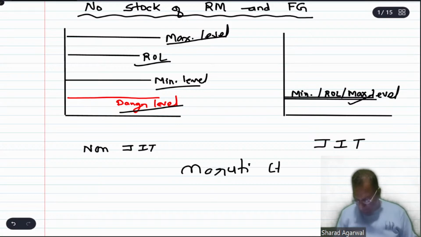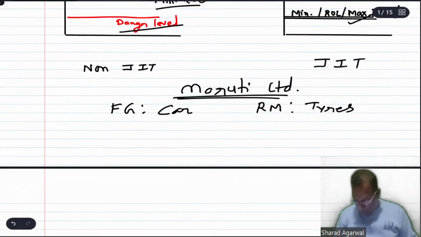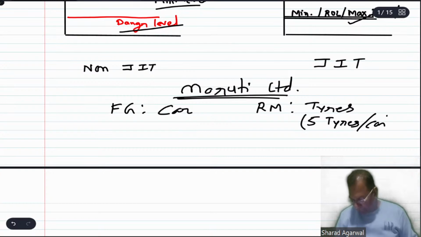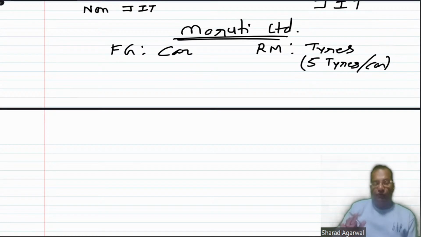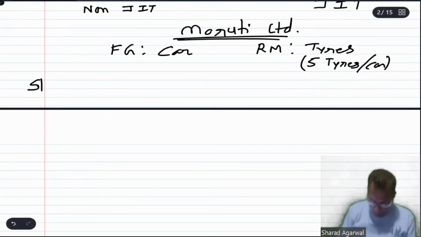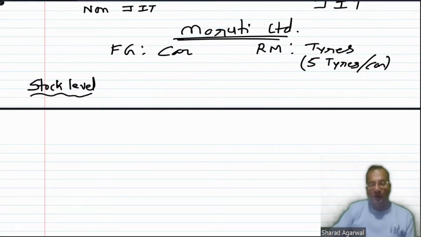So I'm taking the example of Maruti Limited. Finished goods is car. And suppose the simple raw material we are taking is tires. Okay, 5 tires per car, including the stepney. So whether Maruti Limited, when applied JIT, is having the stock? Yes. I am once again saying that in no case without maintaining the stock can you operate the business.